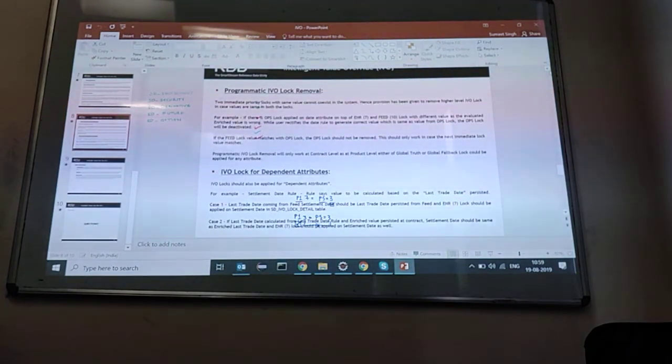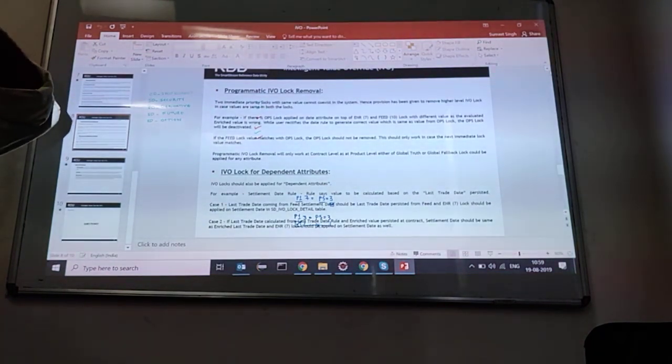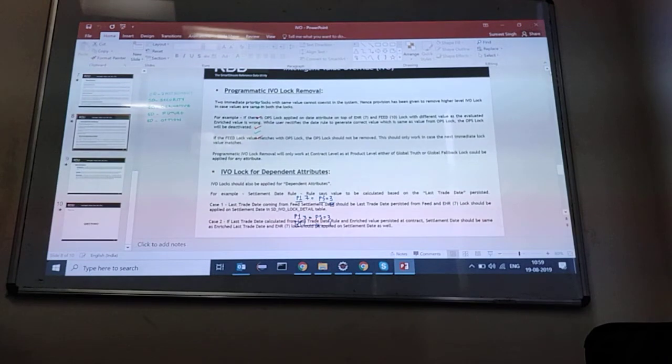If fallback is there, then enrichment will not be there. Because this gets changed based on the logs that I am applying at product level. At product level, if an ops log is applied, that is getting converted into enrichment log. At product level, if a fallback is applied, that is getting converted to fallback log.